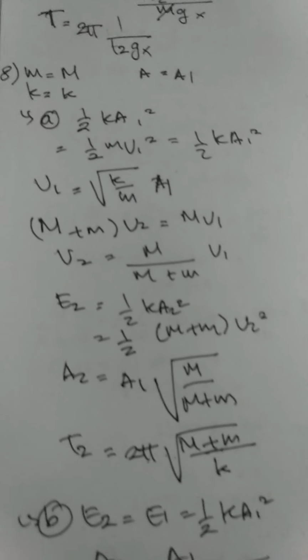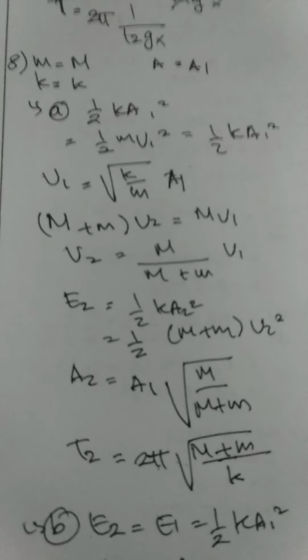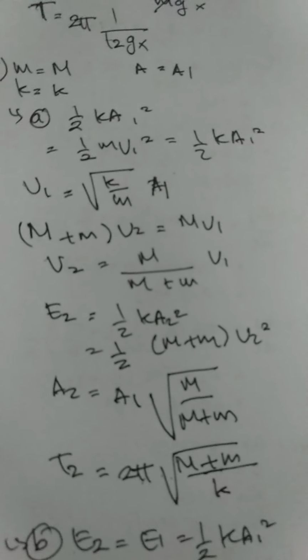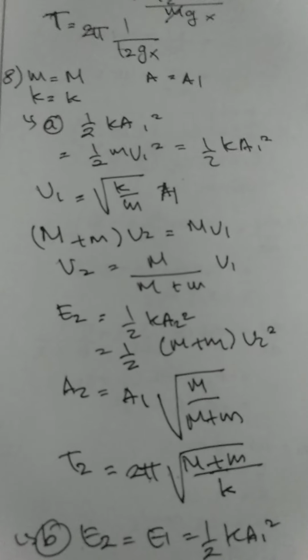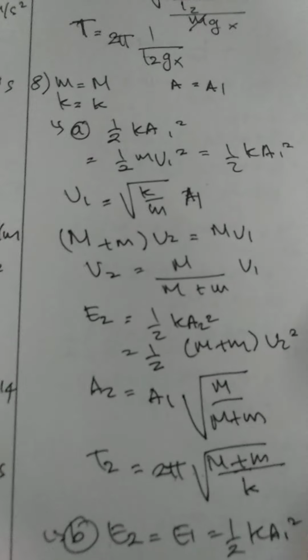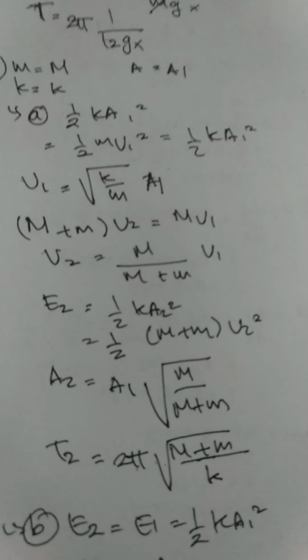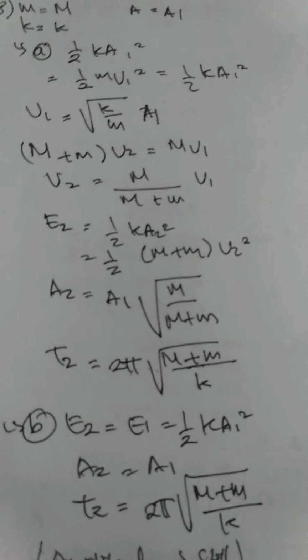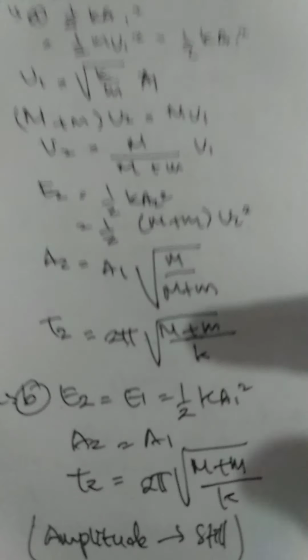We get the kinetic energy 1/2 m times V1 square equals 1/2 K a square. V1 equals root of K per m.